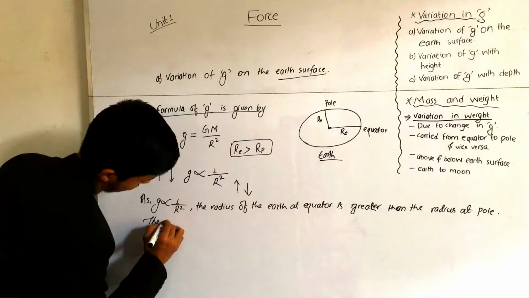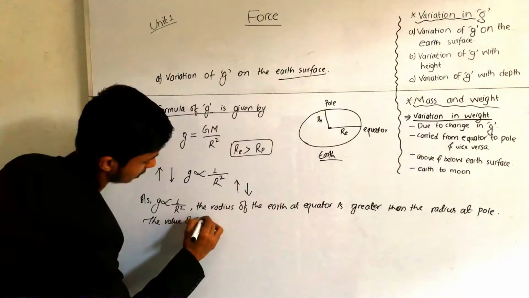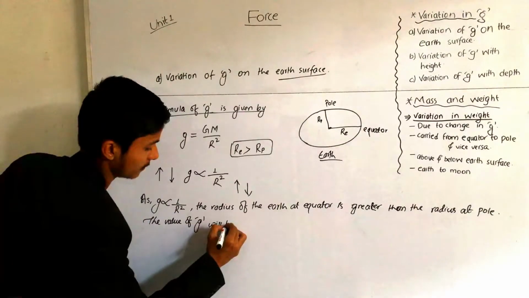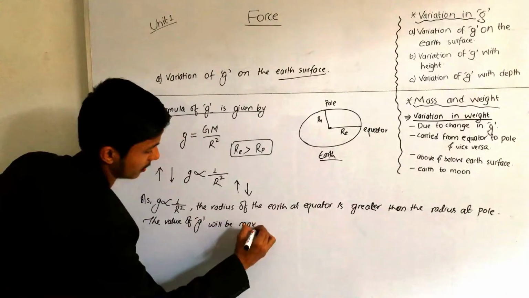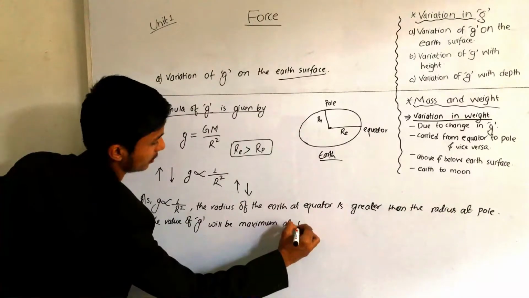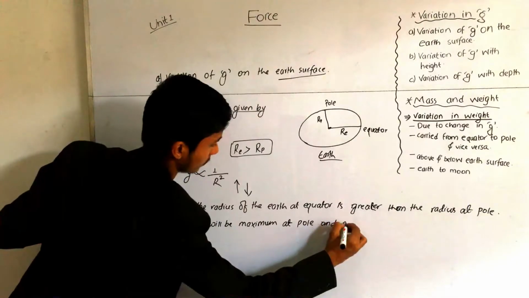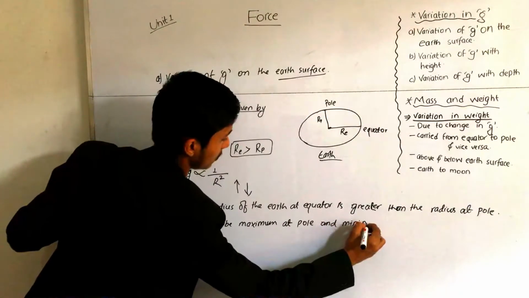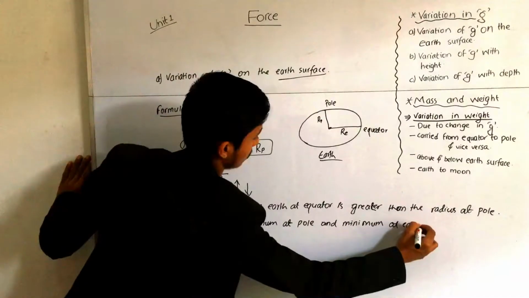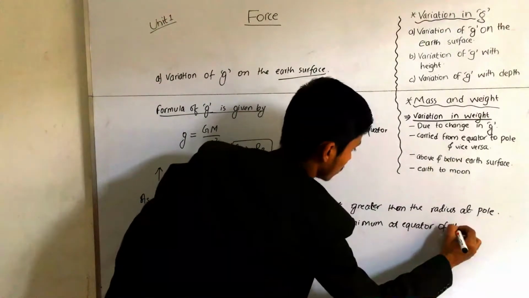The value of acceleration due to gravity will be maximum at the pole and minimum at the equator of the earth.